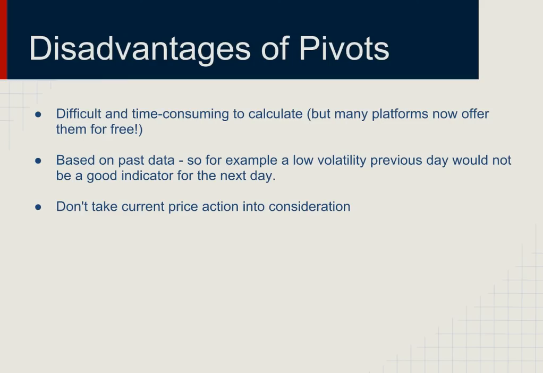So you can see how the difference in where the price levels are drawn is quite drastic between low volatility days and high volatility days. That's something to be aware of going forward.